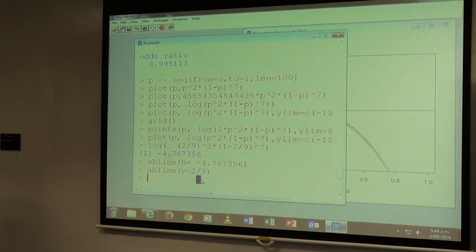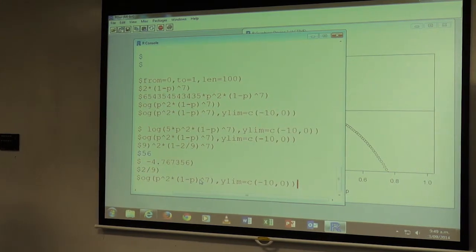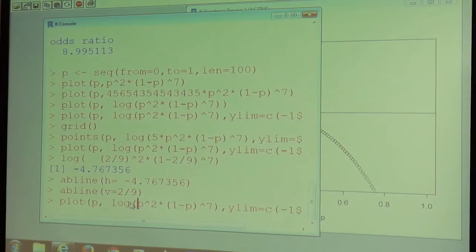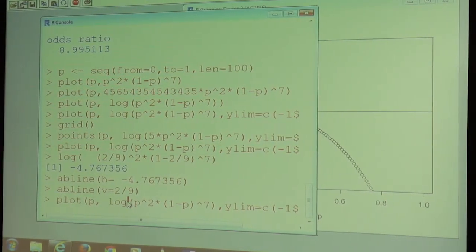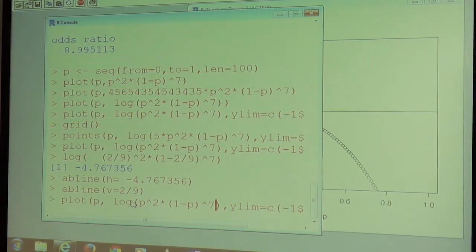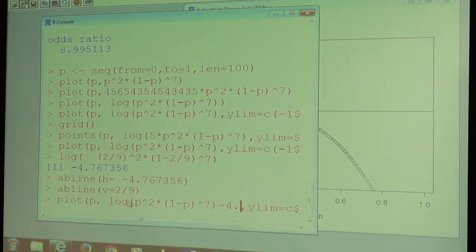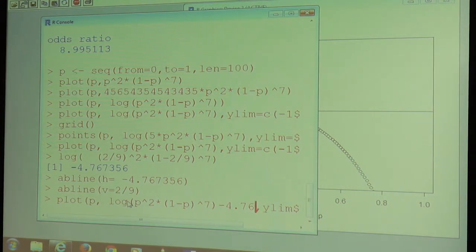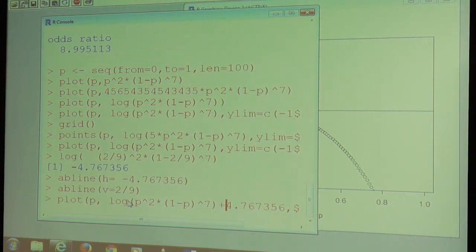So what I'm going to do is go back to my plot. It should be a plus because I'm subtracting a minus, which is adding.